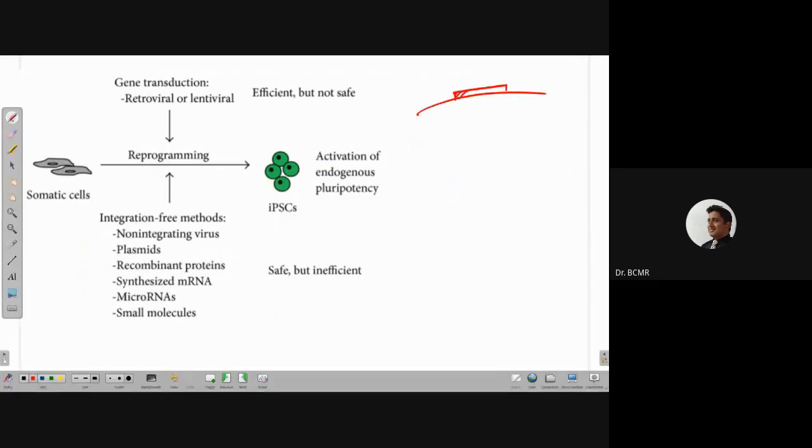I hope you remember a statement I used when we were discussing transgenic animals. You have X gene here and Y gene, and you're putting gene A in the middle.